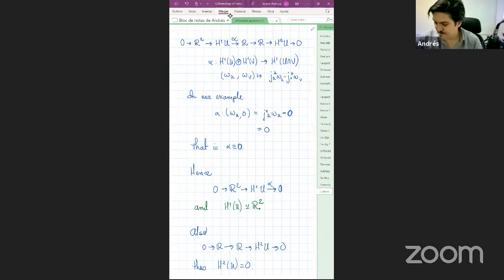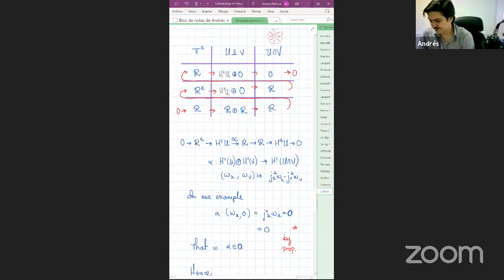So note that in this part, we use the proposition: the inclusion of the annular region into the punctured torus is 0. So this is like the previous proposition, and we will also use the same proposition later on. So it's important to note that we have used that.